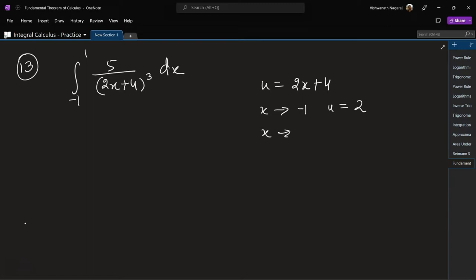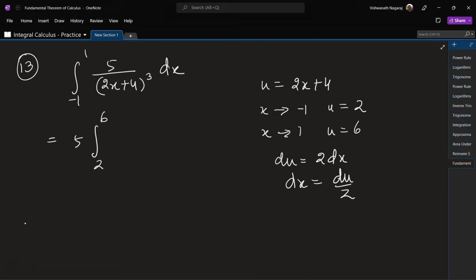Similarly, as x goes to 1, u goes to 6. Okay, so now let's do the substitutions. 5 we can take it out. Now this becomes 2 to 6 of dx we require. So du is equal to 2 dx. That means dx is equal to du by 2.